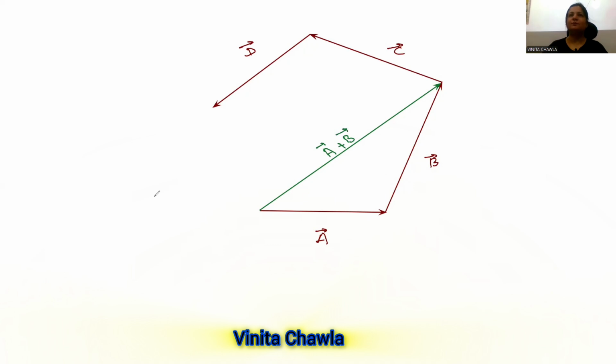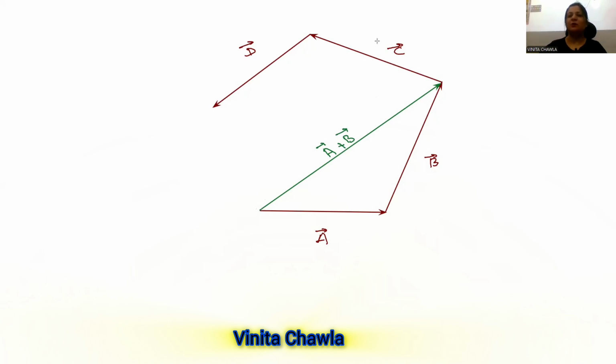Any doubt? Now look at these two vectors only, vector A plus vector B and vector C. Do not consider A and B now, not even D. Just consider these two vectors, vector A plus vector B and vector C only. Again, we can apply the triangle law of vector addition here. Yes. So if we apply the triangle law of vector addition, then we get another vector.